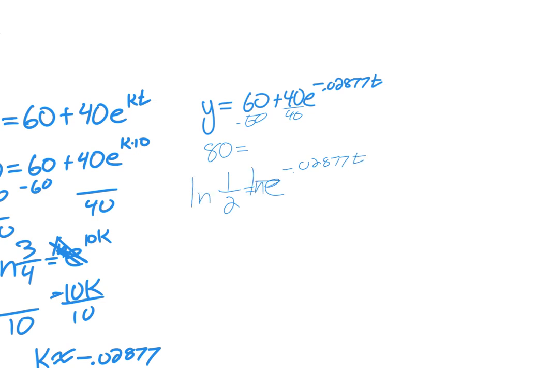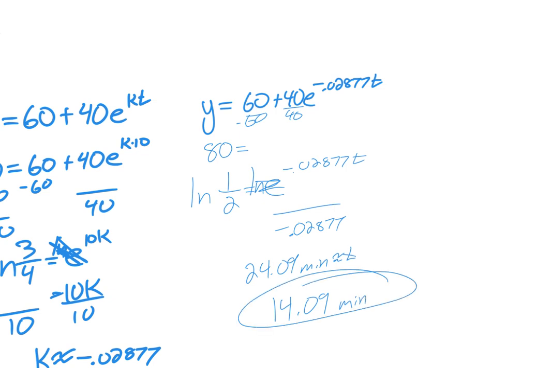Natural log both sides. Divide by our proportionality constant. So natural log of 1/2 divided by our proportionality constant is 24.09 minutes, approximately t. And so approximately 14.09 minutes more, because it said how many more minutes will it take.